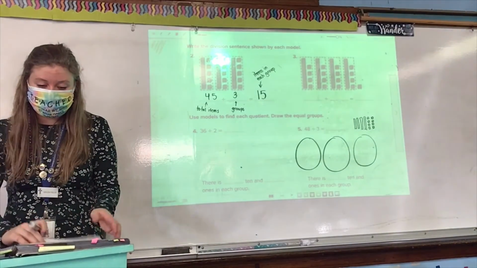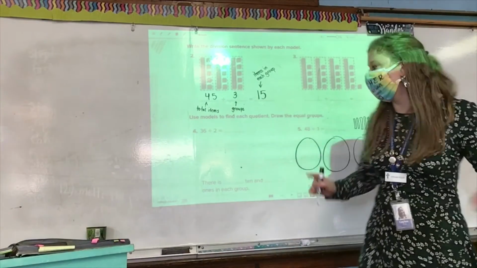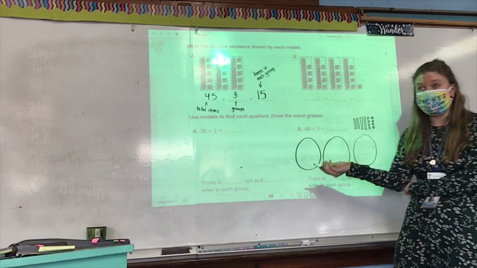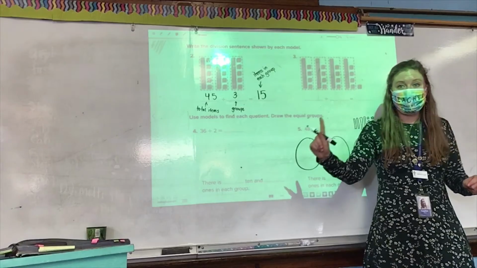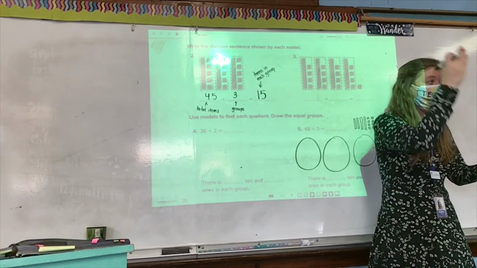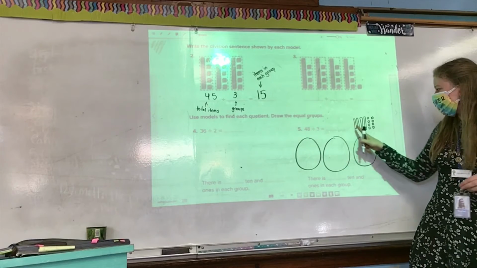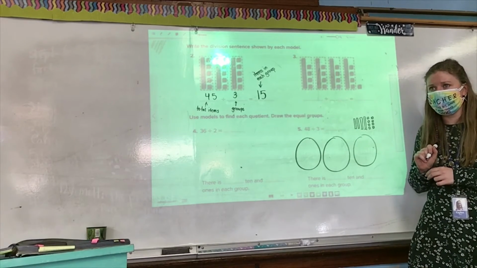The greatest place value. Very good. The greatest place value, which in this case is what place? The tens. So in division, I do the opposite. Instead of starting in the ones place, I start in the greatest place value. In this case, it's the tens. So how many tens do I put in a group at a time, Victoria?